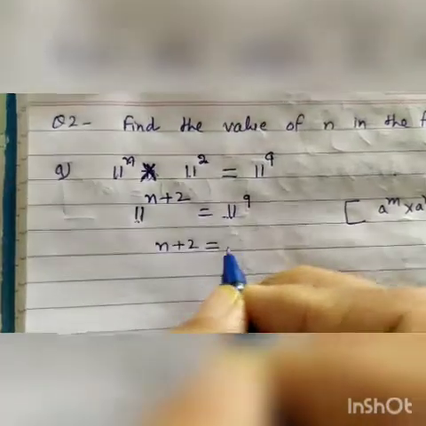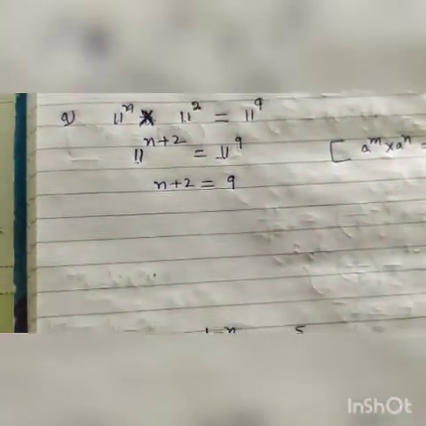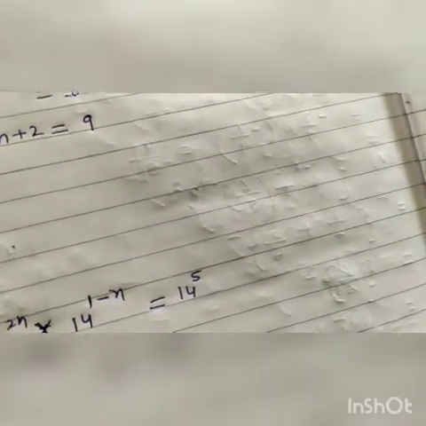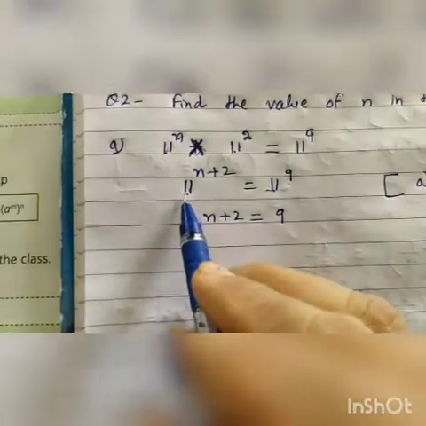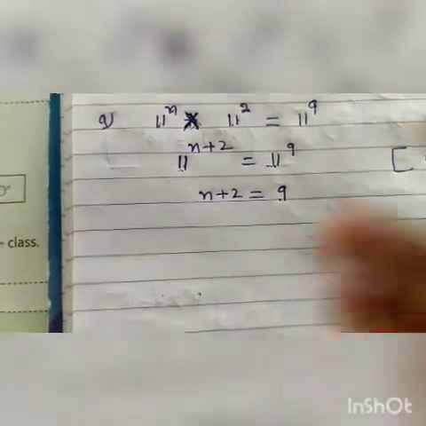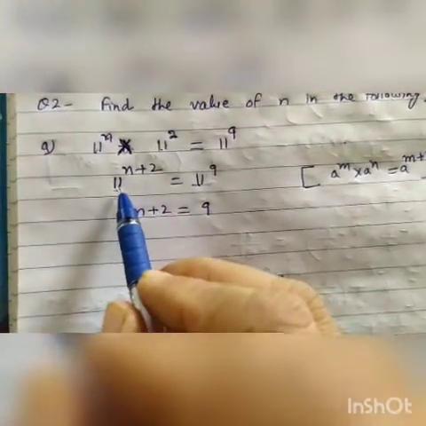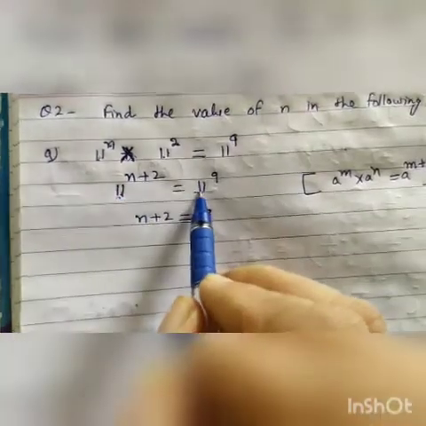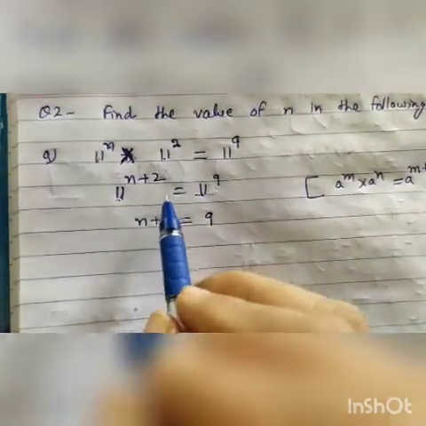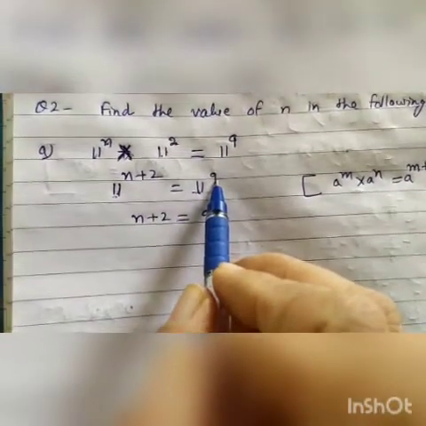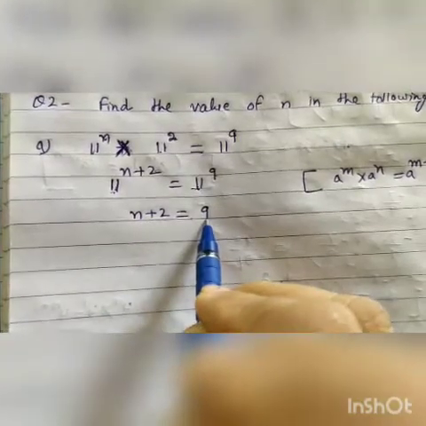We can write n plus 2 is equal to 9. So n plus 2 is equal to 9.